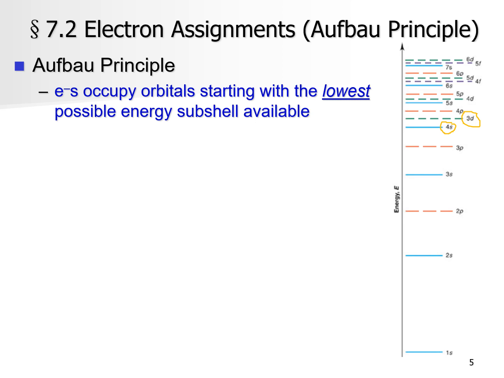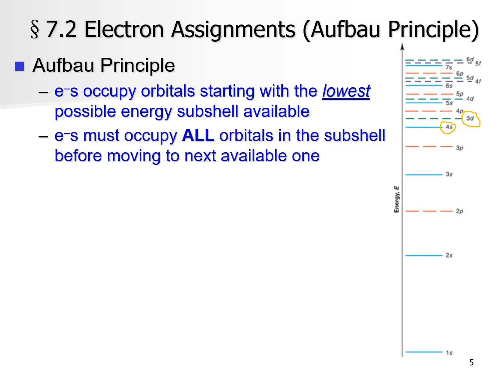And when we remember filling electrons into 1s and 2s, we realize that electrons must occupy all orbitals in a subshell before moving to the next available one. In 1s and 2s, there is only one orbital, so once they fill it up, electrons move on. But we are going to see that later on when we deal with electrons in the p subshell.